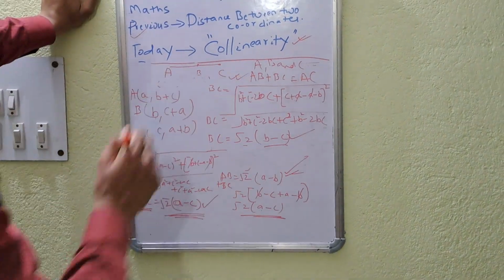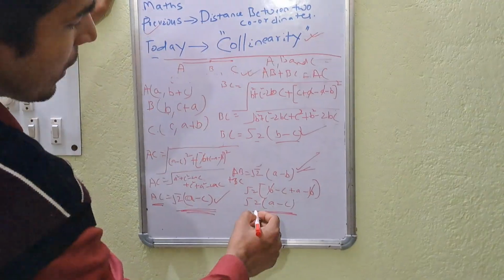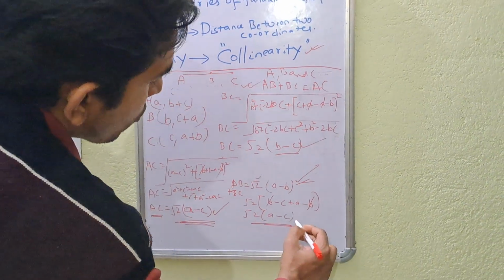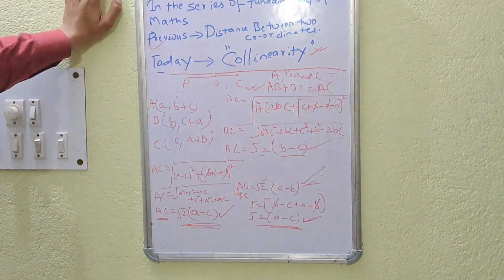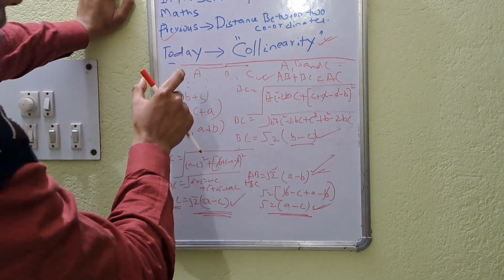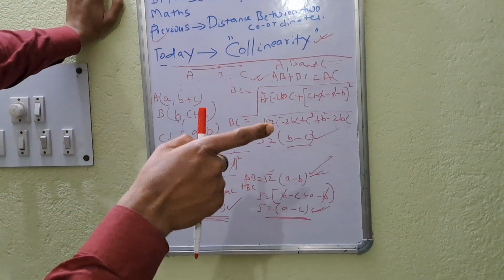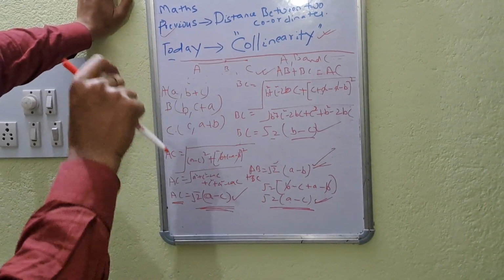So we had added both AB and BC. Post adding, we are getting AB plus BC is equal to root 2 (a minus c). And we are observing that the LHS, that is left hand side, AB plus BC is equal to the RHS, that is AC, the right hand side.